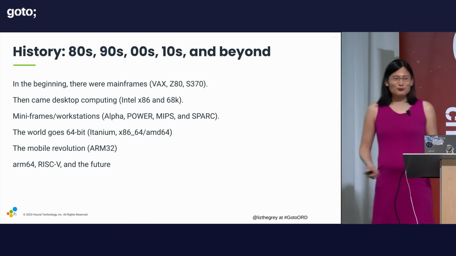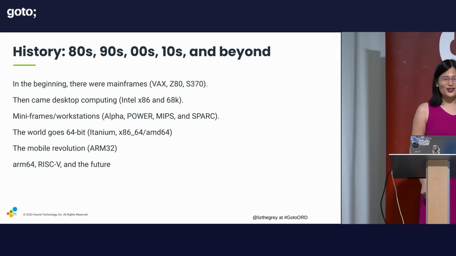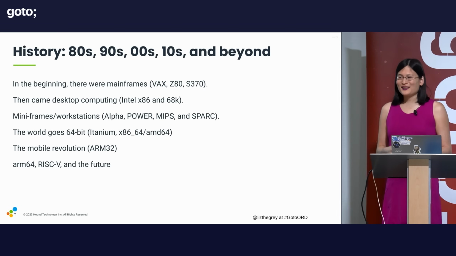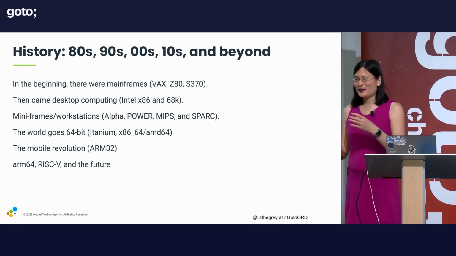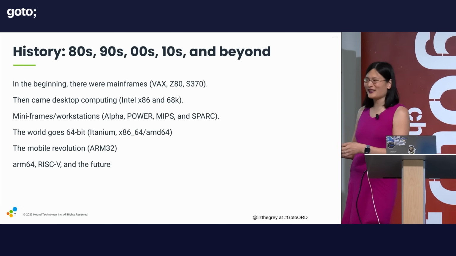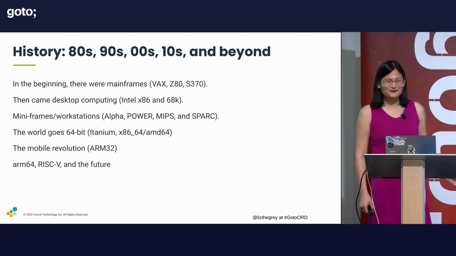But the era of desktop computing came along, and it seemed like it was just going to be x86 or Macintosh. And then after the world went to 64-bit, suddenly it was like, OK, actually, Apple has moved entirely to x86-64 processors. PCs are using x86-64 processors. The architecture wars are won, right?